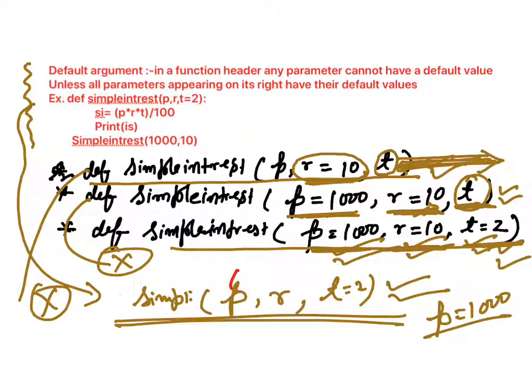One another thing you have to keep in your mind, as in this example, I have used two values, 1000 and 10. I have not used the third value for T. In yesterday's video, I explained why I have not given the value.